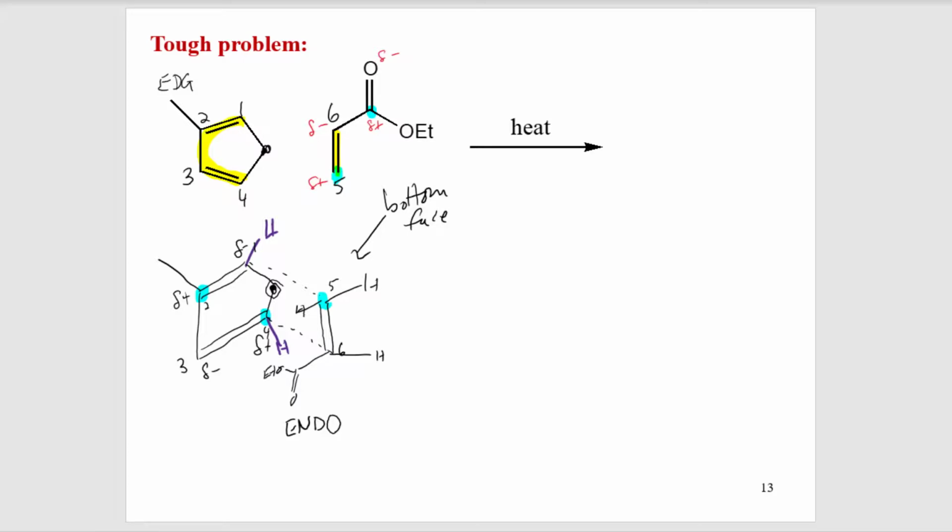Now we push our electrons. You can see that the electrons get pushed to make the new bonds. I have my new double bond between 2 and 3. 2 still has a methyl group off of it. 4, 6, 5.